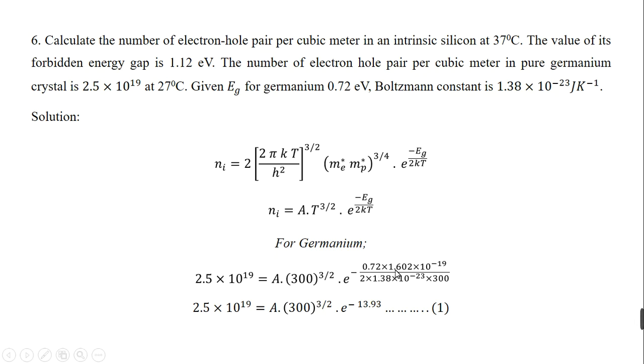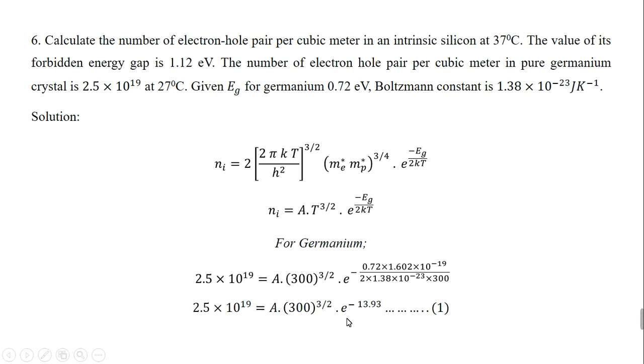So you write 0.72 into 1.602 into 10 raised to minus 19 divided by 2kT. Substitute the value of Boltzmann constant and temperature as 300. Do this calculation and the e to the power value comes out to be minus 13.93. Call it equation number 1.